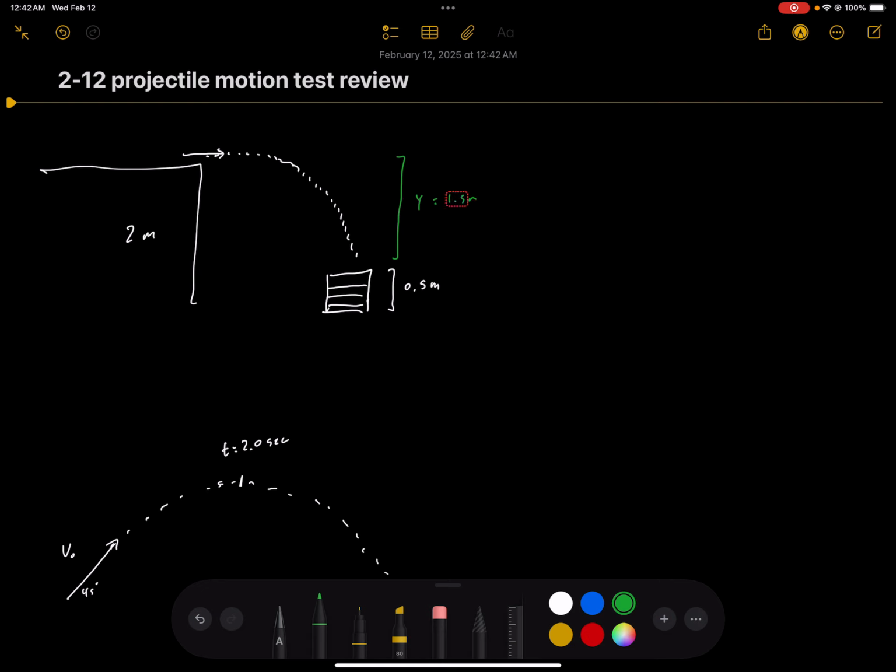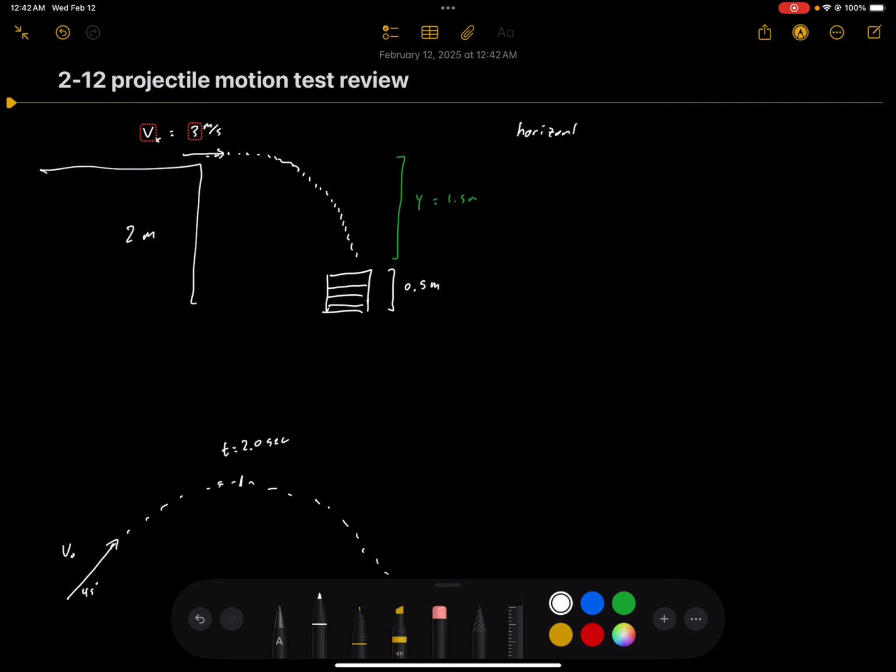All right. Now, in terms of the velocity, let me make up a number here. Let's say the initial velocity is 3 meters per second. That is the velocity in the x direction, and it's a horizontally launched projectile.